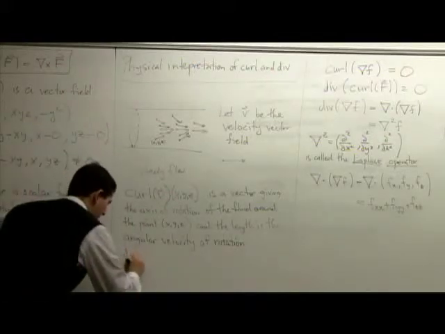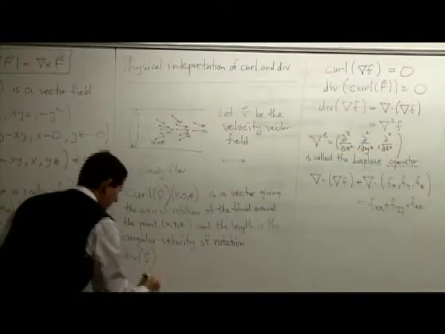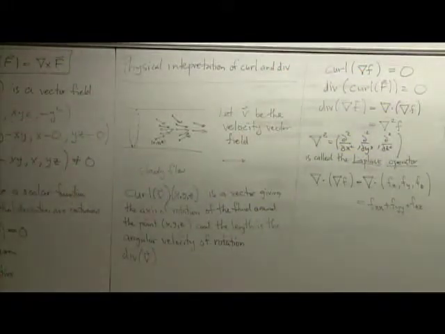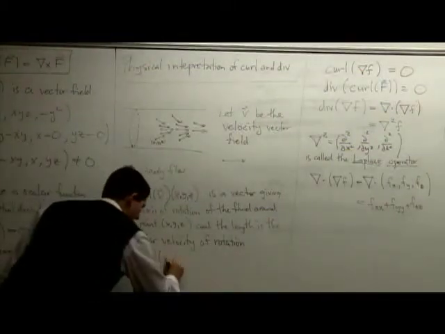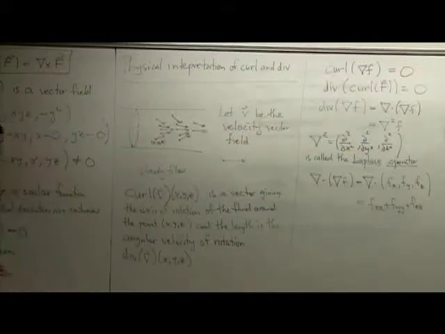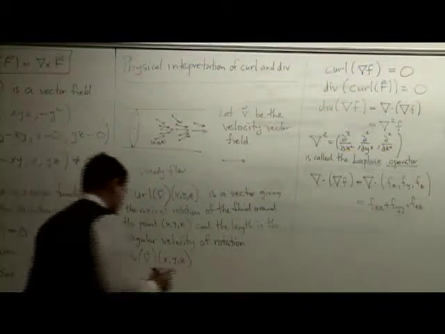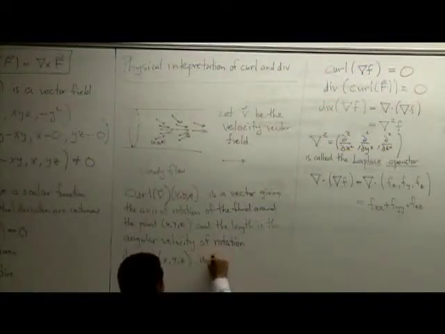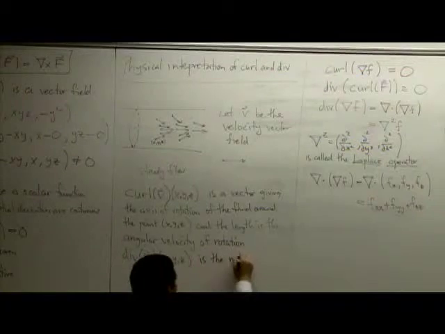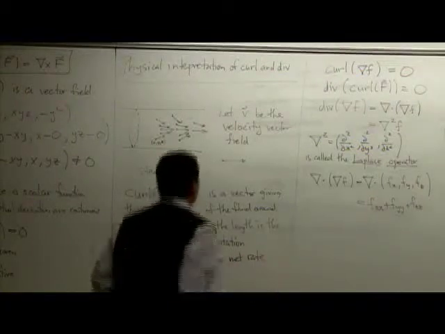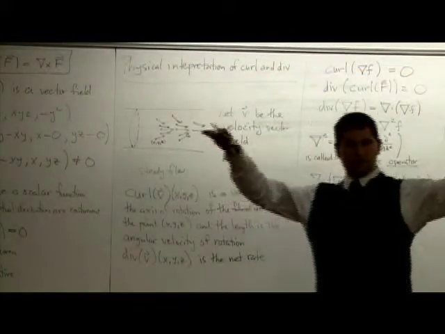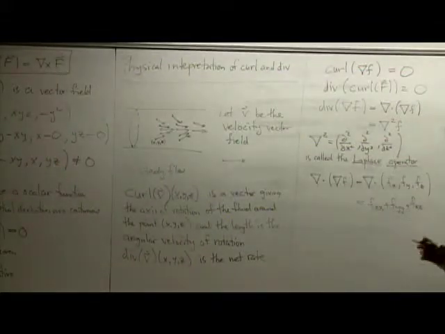Okay, now the divergence, well, this is supposed to be just a function. So it eats a point and it's going to spit out a number. And that number is going to represent the net rate of the fluid that's passing through that point at that time.